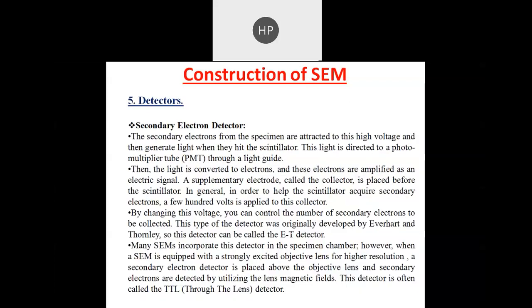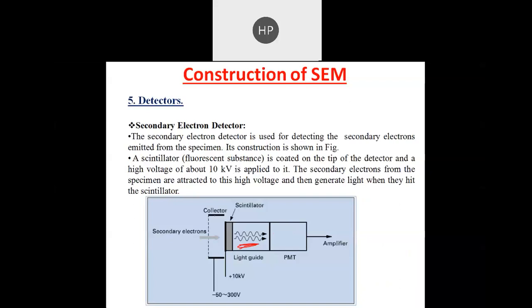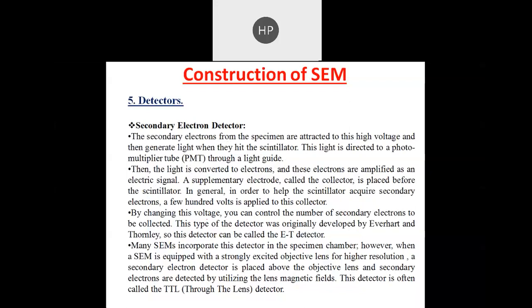A supplementary electrode called a collector is placed before the scintillator. Okay, so here we have a secondary electron collector. In general, in order to help the scintillator acquire secondary electrons, a few hundred volts is applied to the collector.